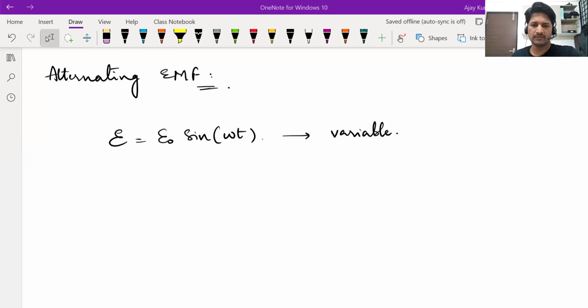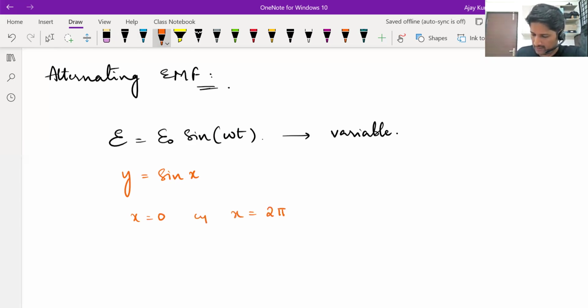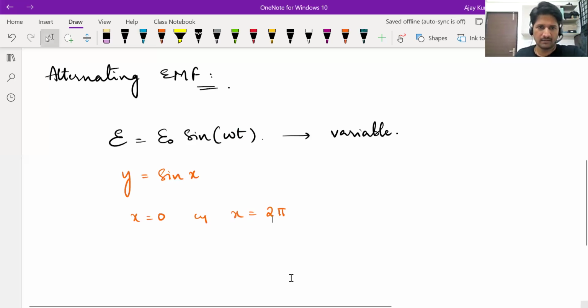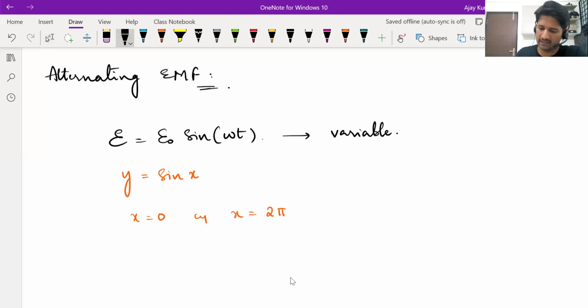So if you have something like, let's say y is equal to sine x, whatever happens between x equal to 0 and x equal to 2 pi repeats after 2 pi. Now here the function we have is E is equal to E naught sine omega t. In place of x, we have omega t. Now when x changes by 2 pi, the sine function repeats itself.